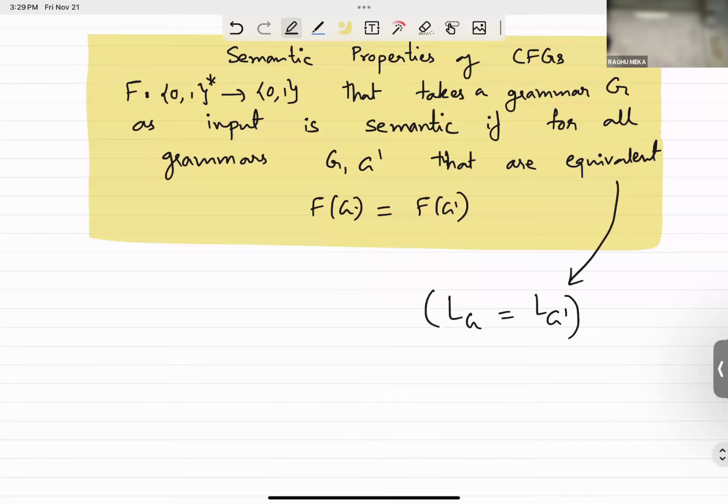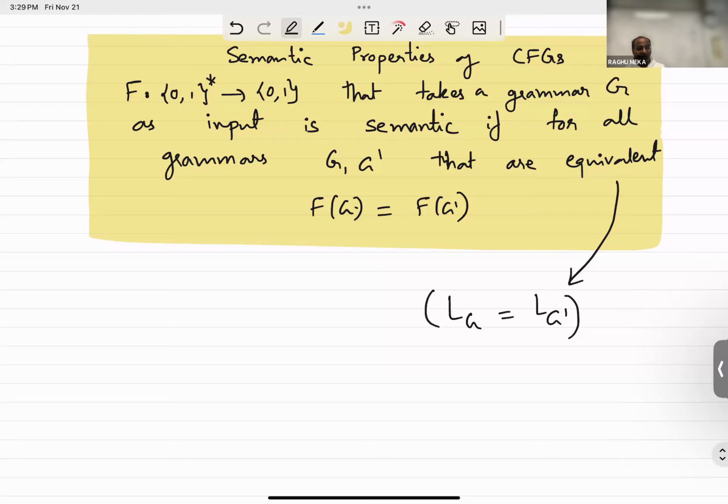I might change some variable names, it shouldn't change the value of capital F. You might add some spurious rules, it shouldn't change what you get. For example, we already saw two seemingly different grammars generating the same language. So f should give you the same value on both of those grammars.